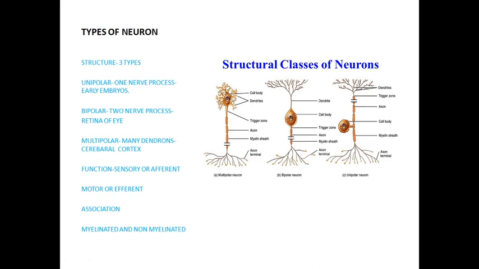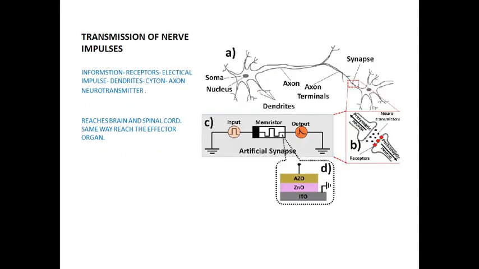Okay, next one is the transmission of the nerve impulse. As we saw about the sensory neuron as well as the motor neuron, in the same way the transmission of the nerve impulse occurs. So this one is one neuron and this one is another neuron.